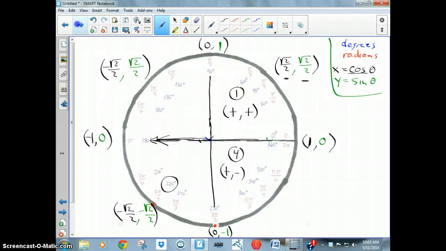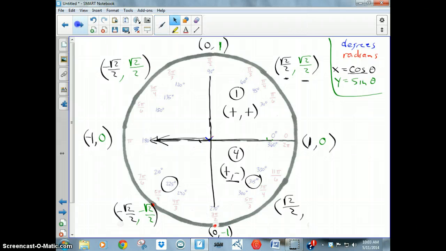And finally, 315 degrees will have positive, negative. So the cosine of 315 degrees will be positive square root of 2 over 2, and the sine will be negative square root of 2 over 2. There you go. That's how you fill in the 45s.